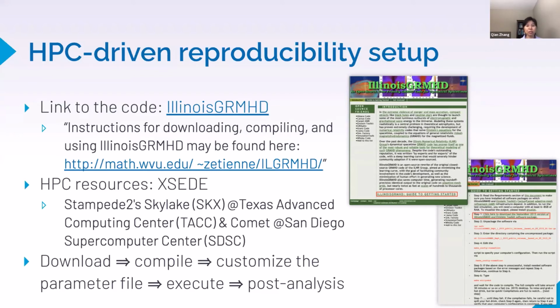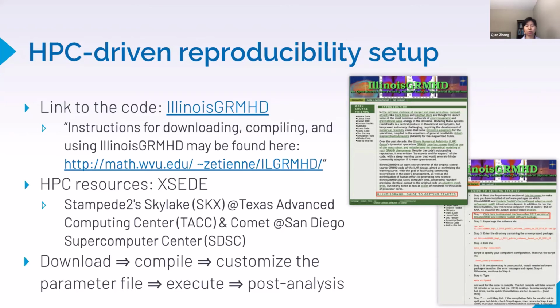The simulation makes use of HPC resources through the XSEDE program. XSEDE is short for Extreme Science and Discovery Environment. The two computational clusters from the XSEDE ecosystem we chose are Stampede2 from TACC at the University of Texas at Austin, and Comet, a cluster at the UC San Diego Supercomputer Center.